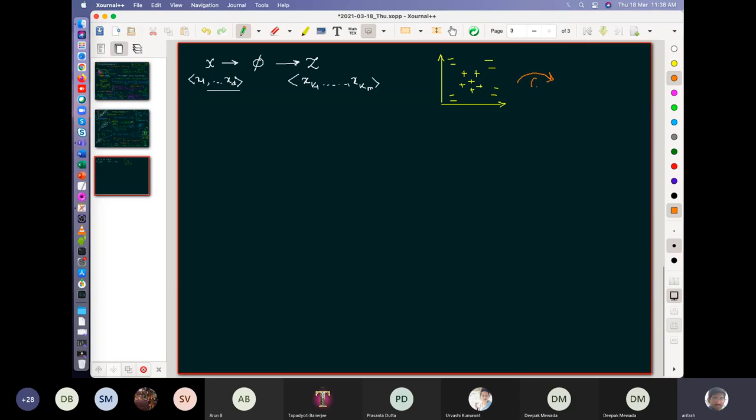Then what I did is make a transformation of those points, and that transformation resulted in a linear separation. It looks like the separable thing is non-linear, so I transform the points as x squared.